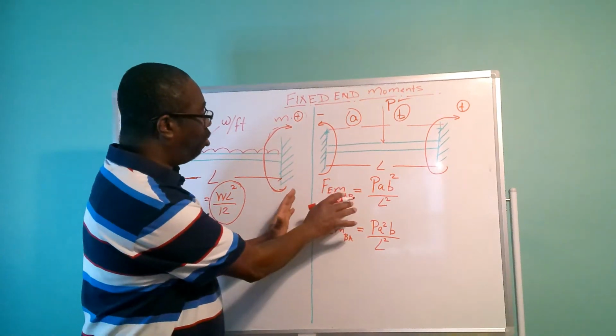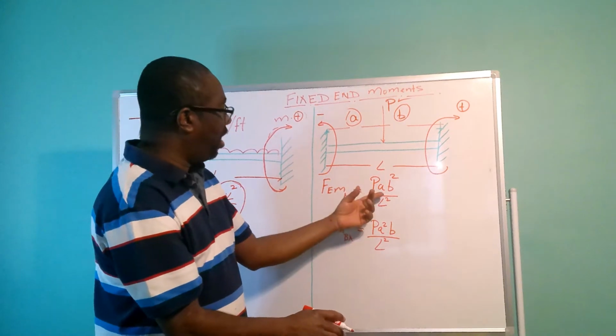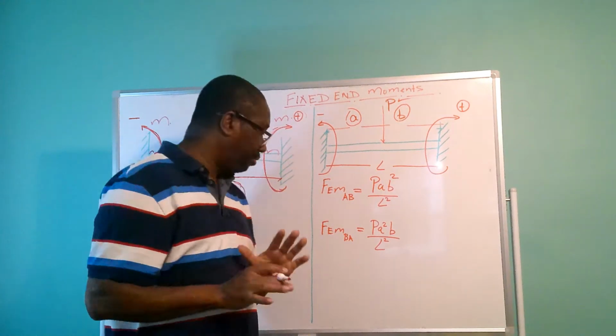The fixed end moment AB is P times A times B squared over L squared.